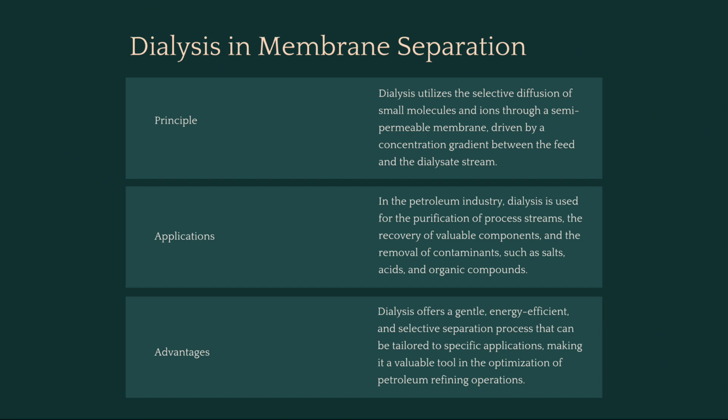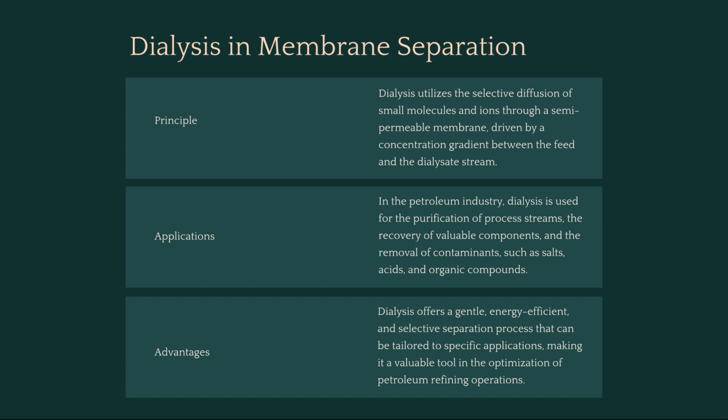Dialysis is highly selective, allowing for precise separation of specific molecules based on their size and diffusivity, which is particularly beneficial in refining processes where the purification of certain fractions is critical.